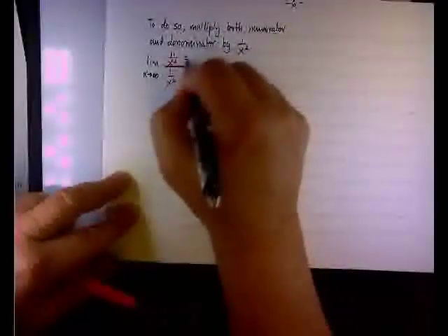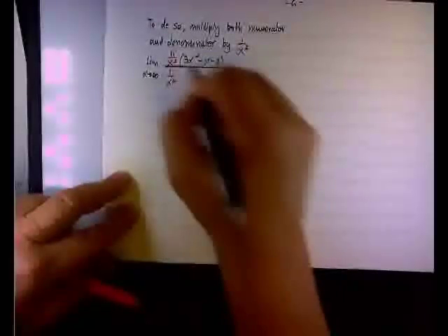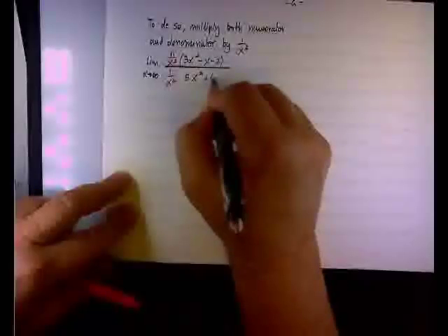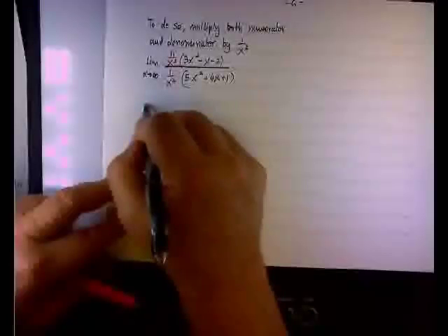And the numerator was 3x squared minus x minus 2, and the denominator 5x squared plus 4x plus 1. And let's see what happens in the next step.